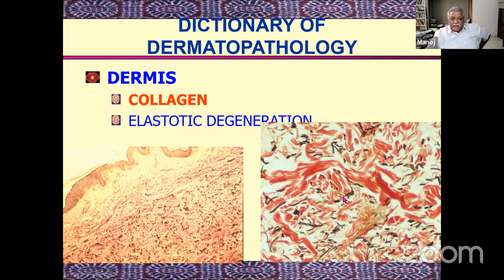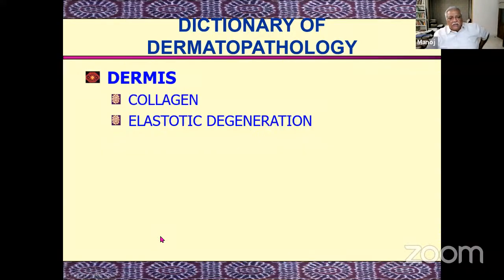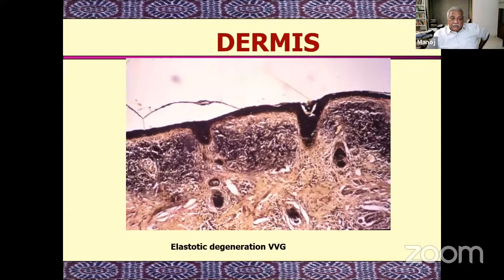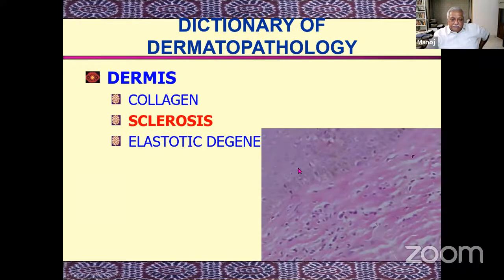And you can make out here that the elastic fibers here are relatively normal, absent. Again, these could be some congenitally derived conditions, or it could be light damage. Very glaring example of elastotic degeneration of the epidermis, giving you these dense cushions of dead elastotic material.